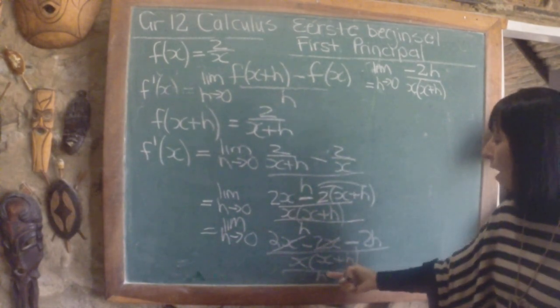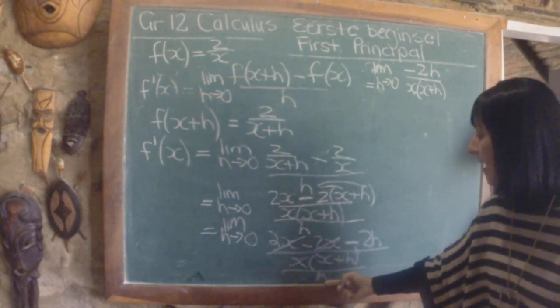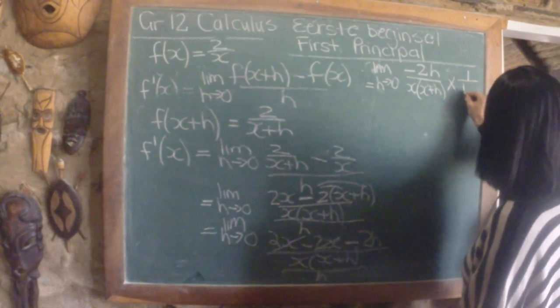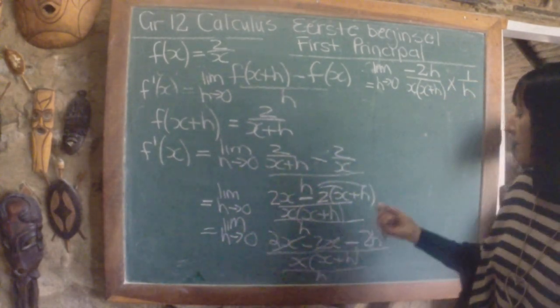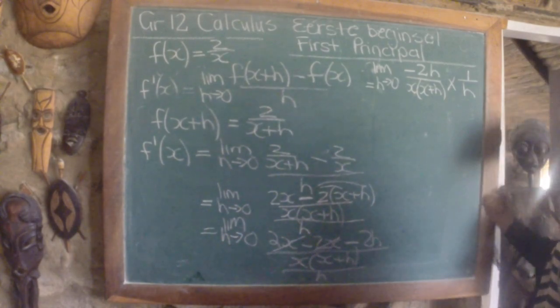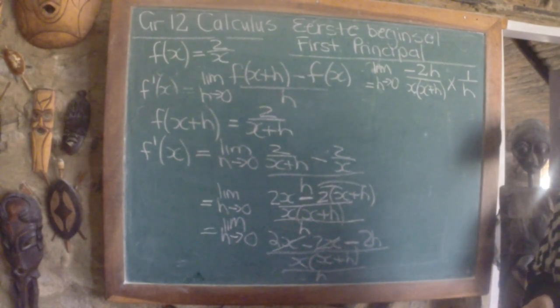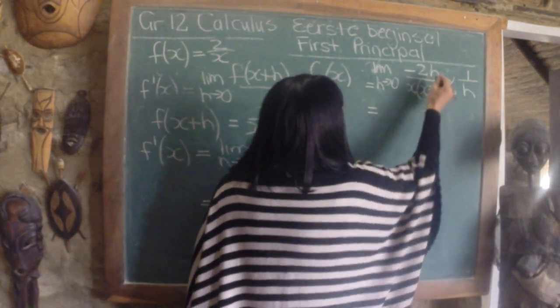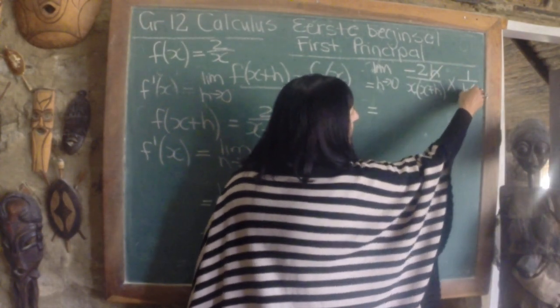So when I divide by something in a fraction, I'm multiplying with the reciprocal. Nie waar nie? As ek deel en ek werk met breuke, dan maal ek met die omgekeerde. So ek gaan en ek gaan sê, daai h kan uitkanseleer met daai h.